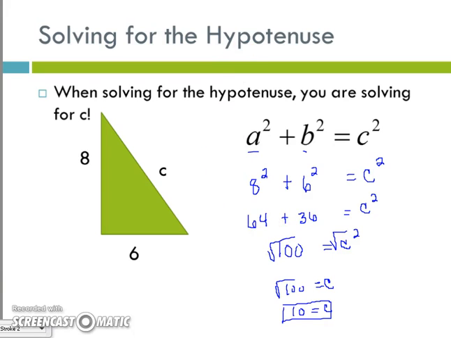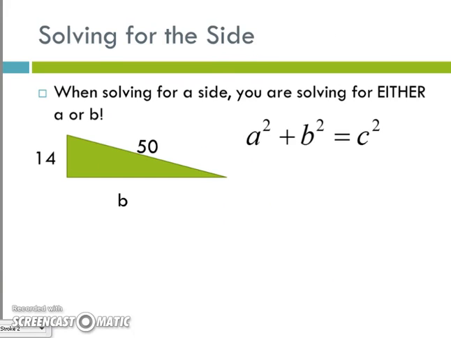As another example, where we're given the hypotenuse but not a leg, you're still going to use the equation the same way. 14 in place of A, so 14 squared. We don't know B, so plus B squared equals 50 squared.